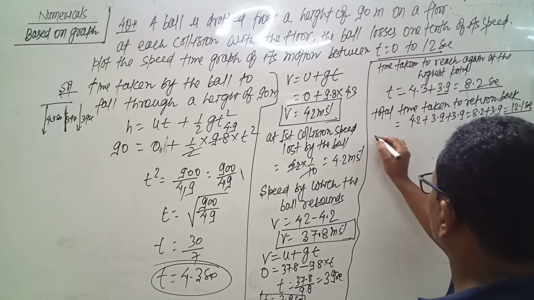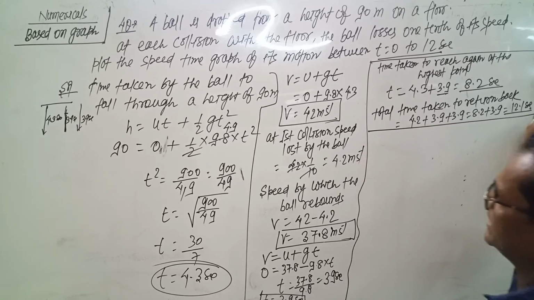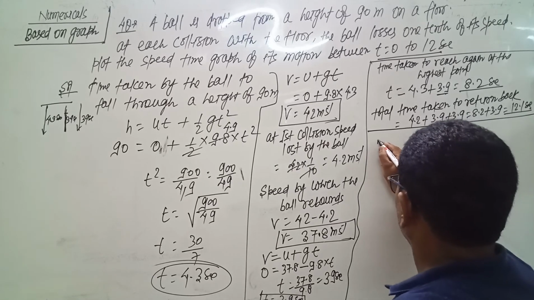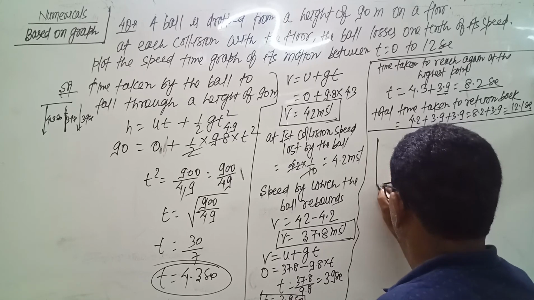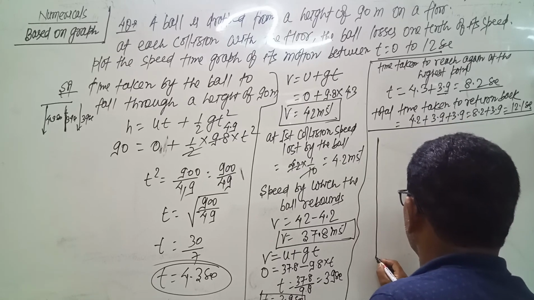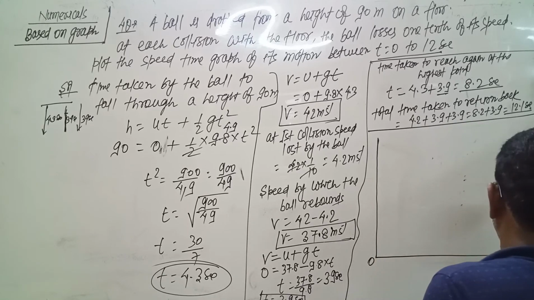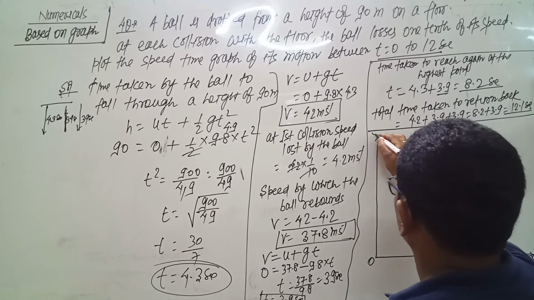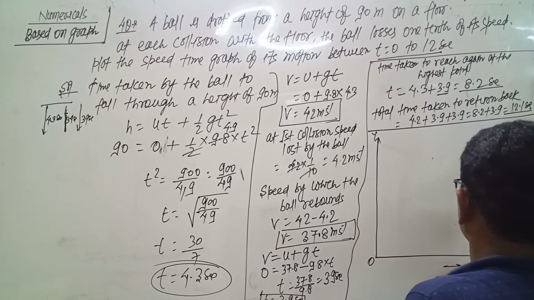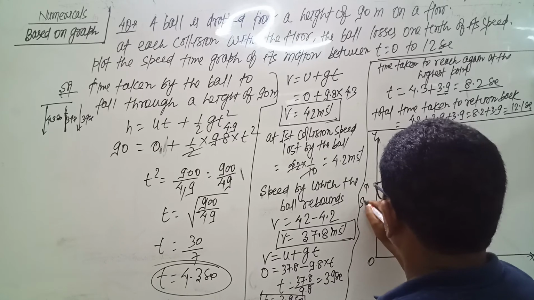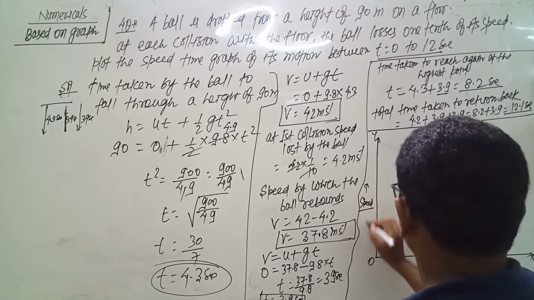Now we have to draw the speed-time graph of its motion. Let us take O, X, Y. This is the time axis, and this is speed.